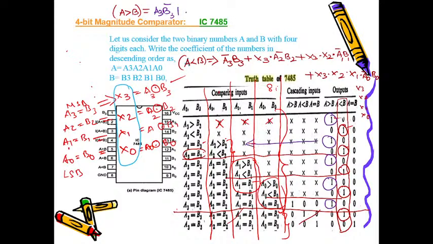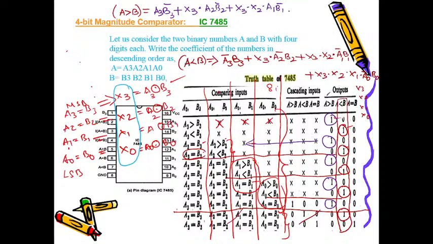Or when it is high for this condition. What is that? Or A3 is equal to B3, and in short I'm writing it as X3, that equality function, because I have assigned it already, and A2 is greater than B2. Or when the X3 bit is equal, A3 is equal to B3 and A2 is equal to B2 and A1 is greater than B1, this output is high.